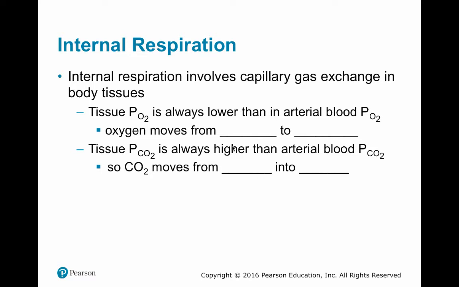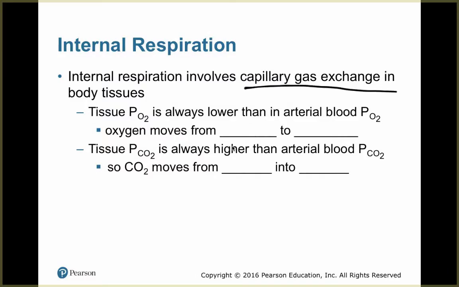And so now let's talk about internal respiration. And so this is when we have capillary gases exchanging at the body tissue. So the partial pressure of O2 in the tissue is always lower than in the arterial blood for PO2. Essentially what happens is when that happens, right? So in here, essentially oxygen moves from the blood to the tissue, right?